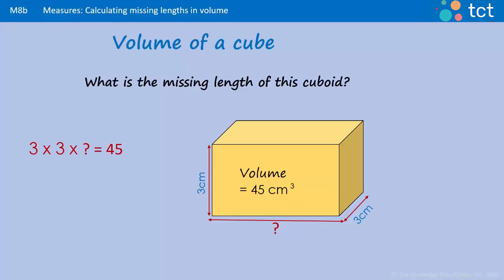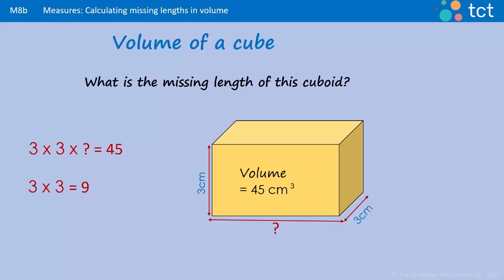So we can use what we have already. 3 multiplied by 3 multiplied by something is 45. If we start with what we've got, we know that 3 multiplied by 3 is 9. That leaves us with the missing dimension.